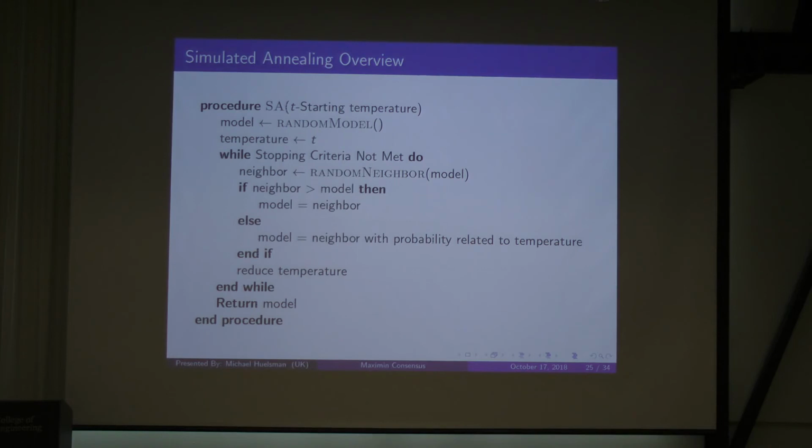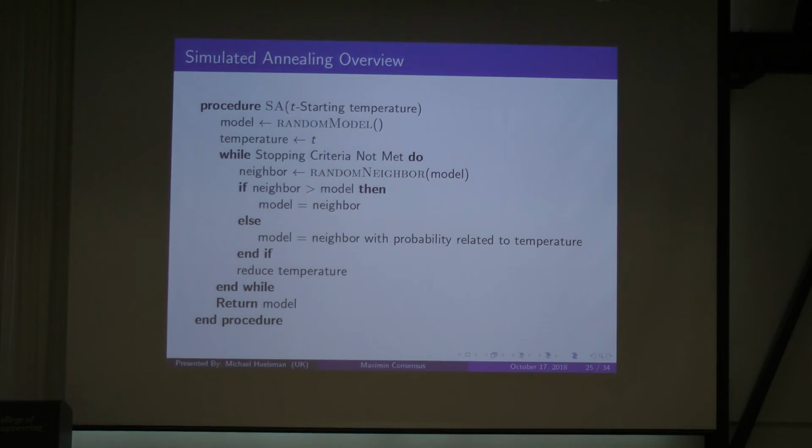In this case, we would be determining a neighbor as a change in one of the literals. And we grab a random neighbor and we say, is that neighbor better? If it is, we go ahead and take it. If it isn't, then based on what our temperature is currently, we may take that neighbor which doesn't give us any improvement, or we may just leave it there.